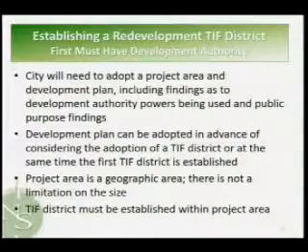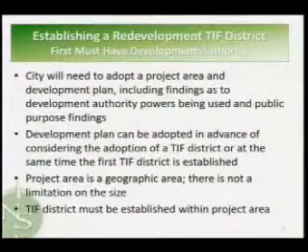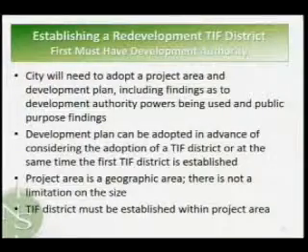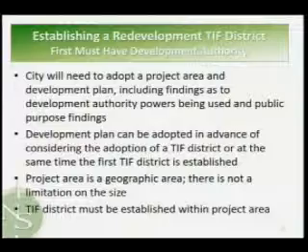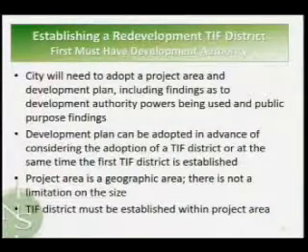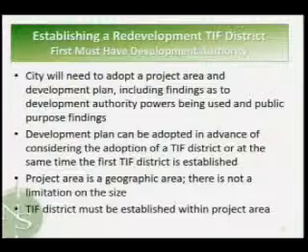A thought for the EDA and the city council, being that tax increment financing and redevelopment is new to the city: the first step may be to actually create the project area, and that's something that is required before you create any TIF district. That is done under development authorities, and the city council along with the EDA could proceed to do that now.